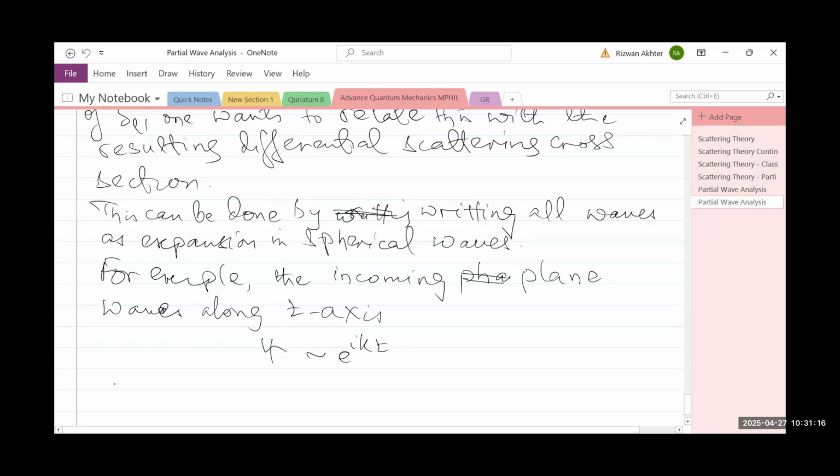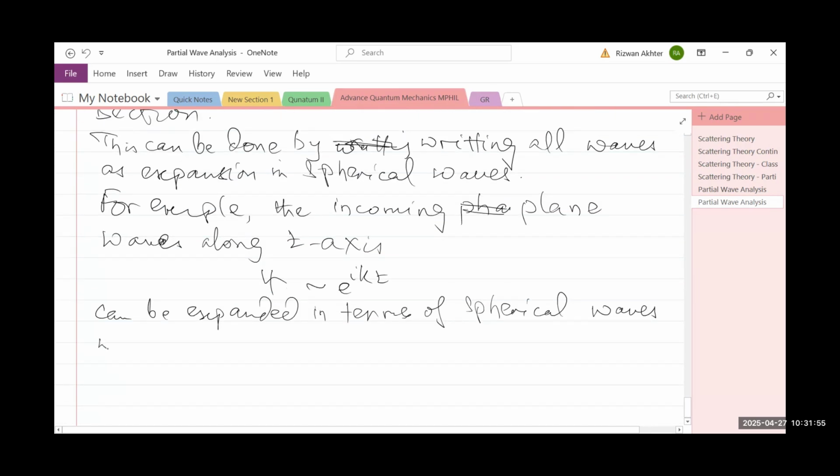So that could be written as, if this is e to the power iota k dot r and we are in the z direction, then that would be e to the power iota k r cos theta, independent of phi, because we have the azimuthal symmetry, can be expanded in terms of spherical waves with azimuthal symmetry.